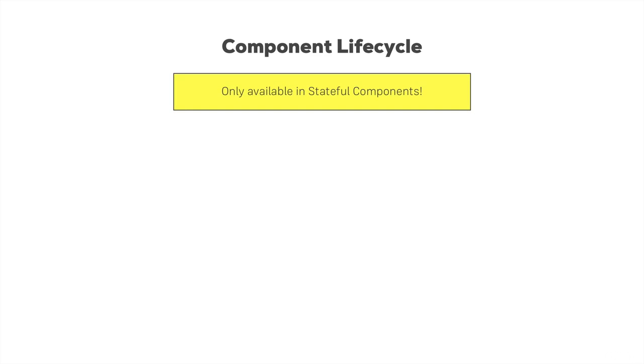Let's have a look at all these component lifecycle methods and let's then see when which of these is executed. Important, as I just mentioned, these are only available in stateful components, not in stateless components.